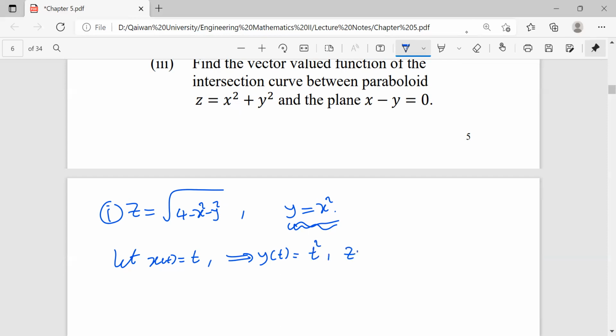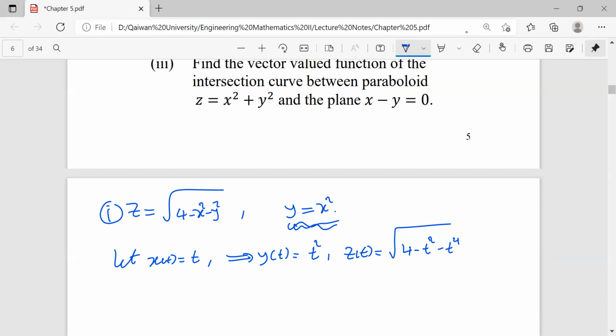How about z of t? Z of t is, we replace x by t and y by t squared. We get 4 minus t squared minus t to the power 4, because if we replace y by t squared, it's squared also, we get t to the power 4.